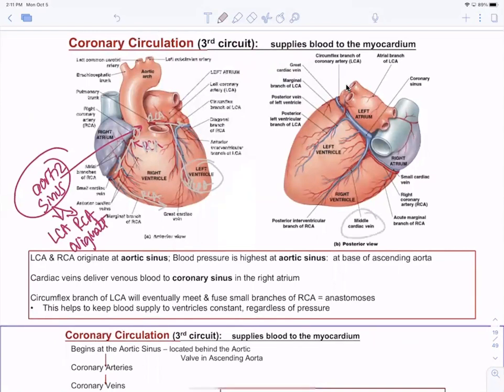And you have the middle cardiac vein, you have the great cardiac vein, and there's a small cardiac vein here as well. And these veins are going to merge into the coronary sinus, where coronary blood returns to the right side of the heart.